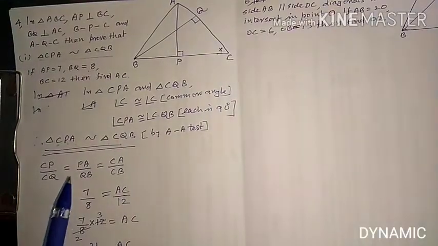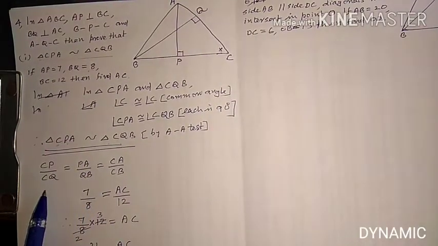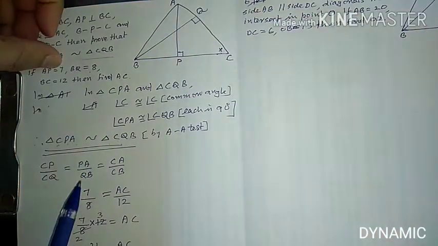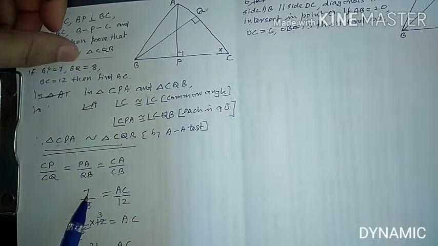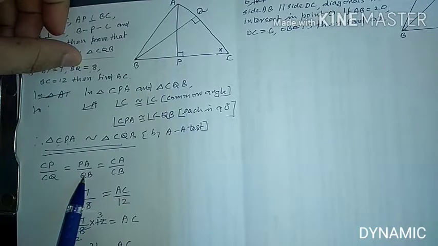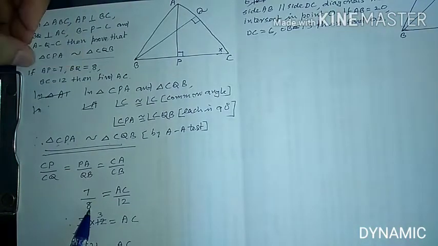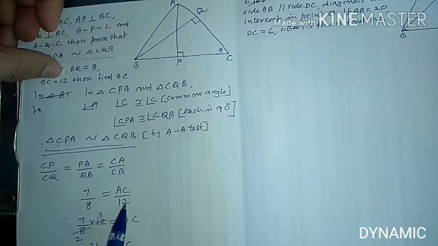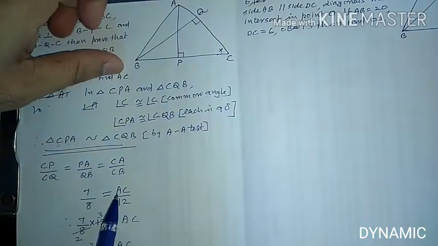If triangles are similar, corresponding sides are proportional. Then given AP is 7, BQ is 8, BC is 12. Then find AC.